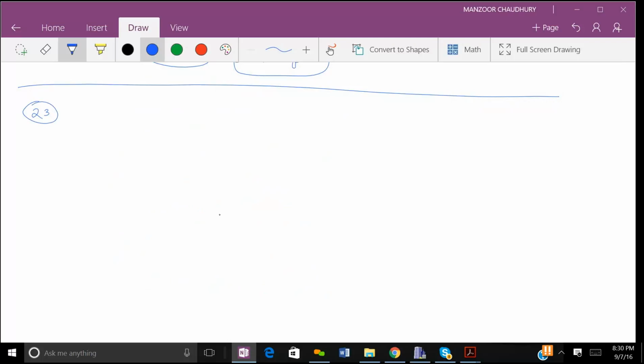Okay, the equation you need to know is y minus y1 equals m times x minus x1, right? So if the slope is negative half, you can write this as y minus negative 2 equals negative half times x minus 5.